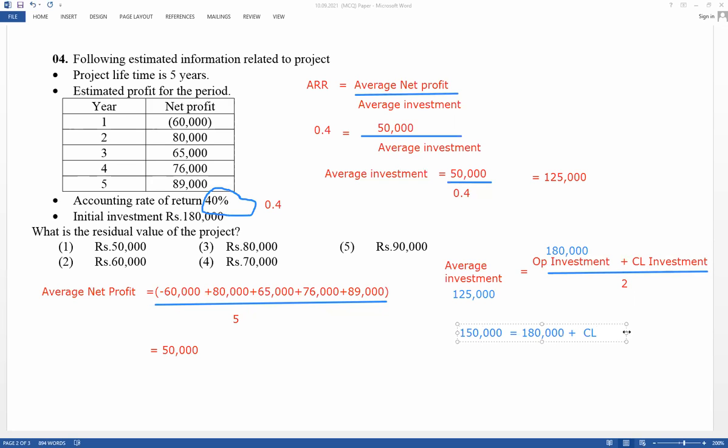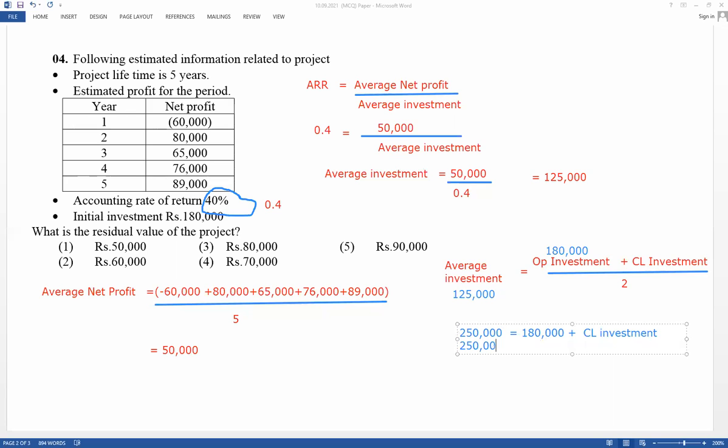As a closing investment, you have to consider the residual value. Therefore, closing investment equals residual value. Take this one to the other side.